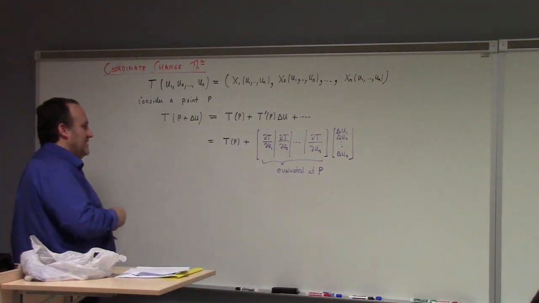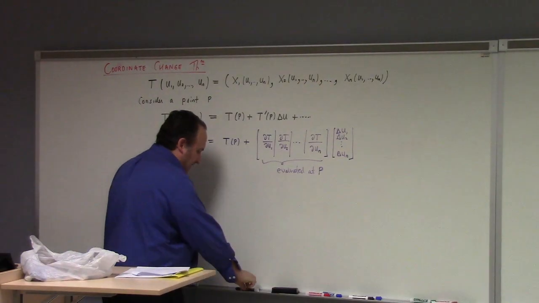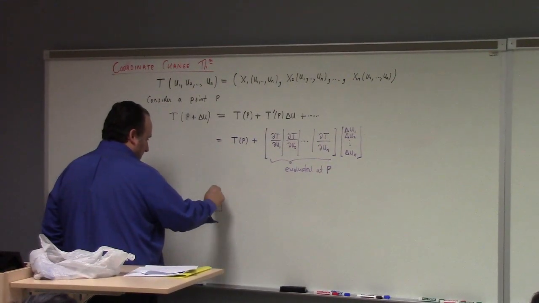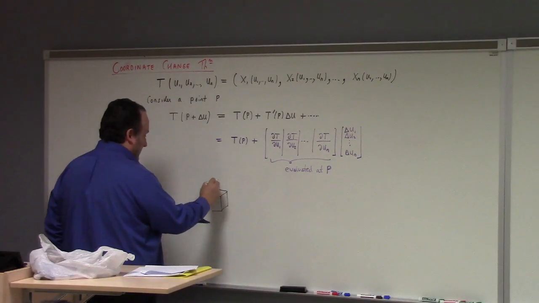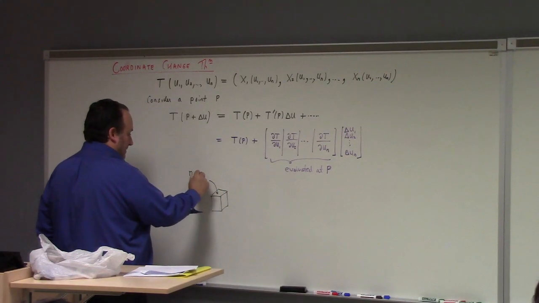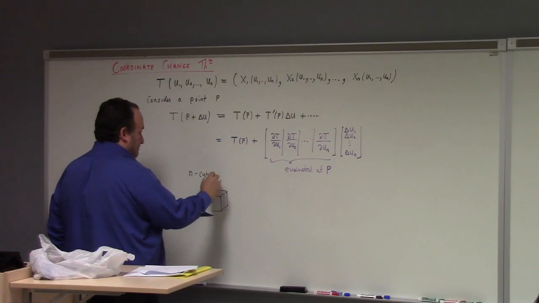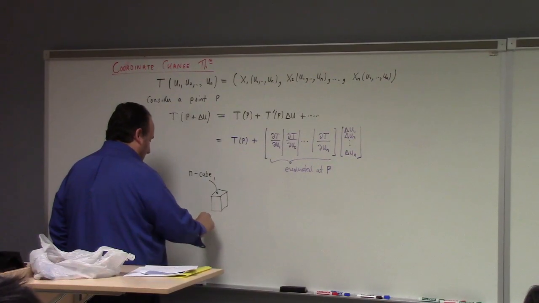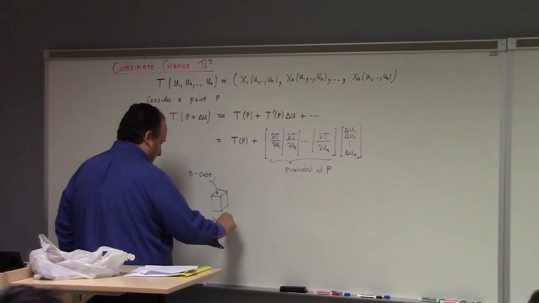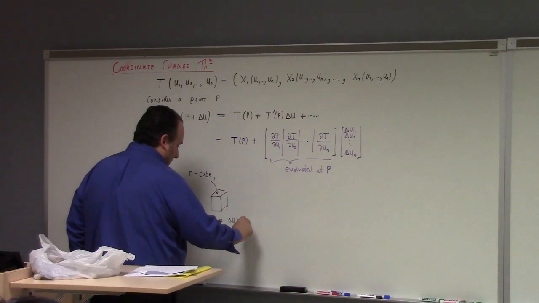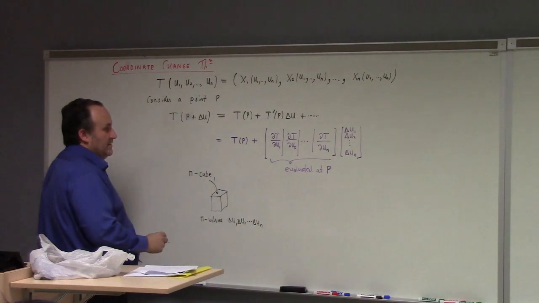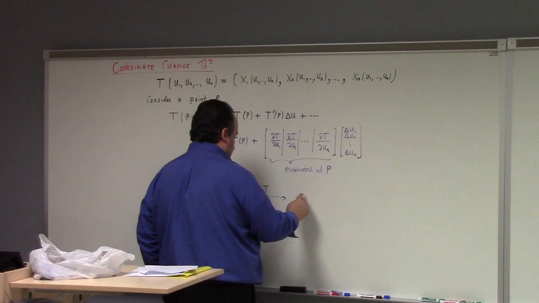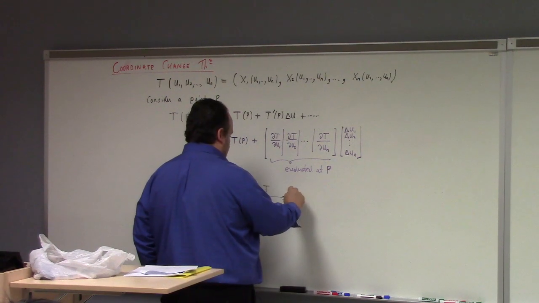And essentially the point is this, that if you were to study a little n cube with n volume delta U1, delta U2, delta UN, then that will get transformed by T to a little n cube.